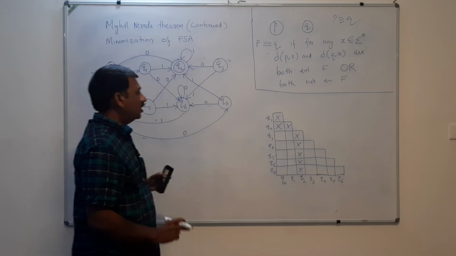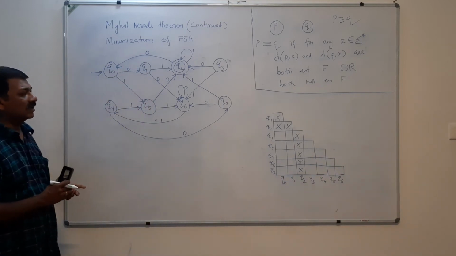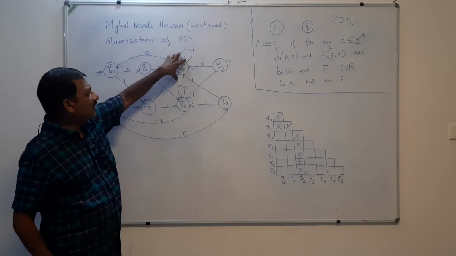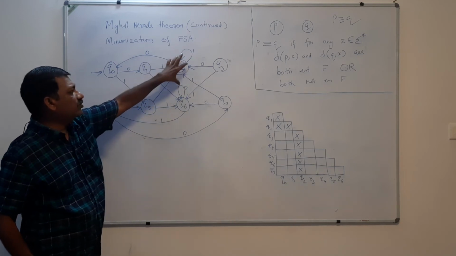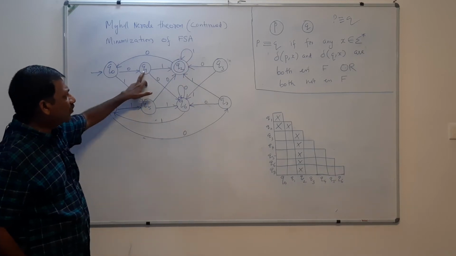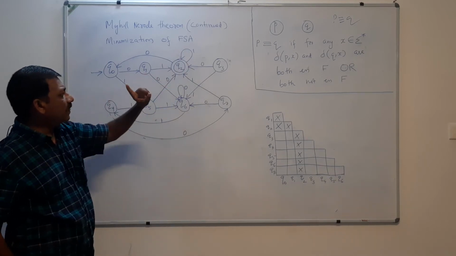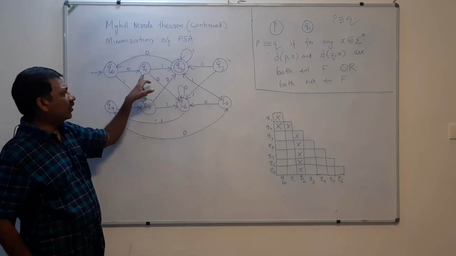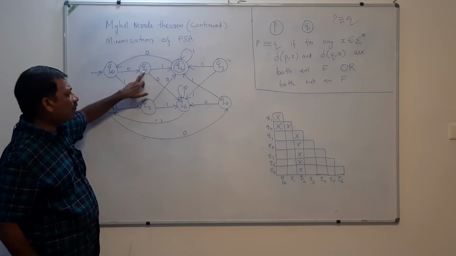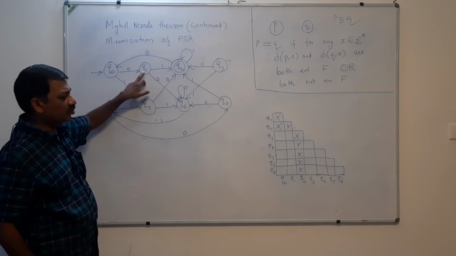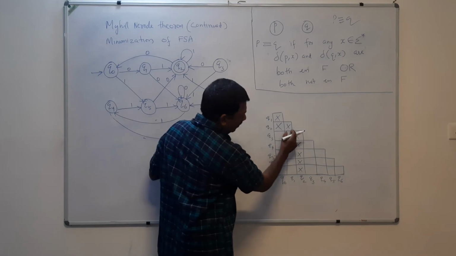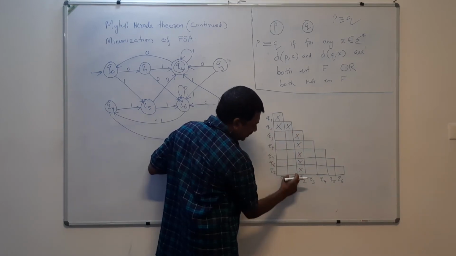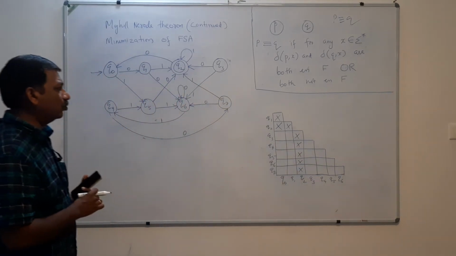An easy method is to fill up all the entries which are near to Q2, that means only a single edge is in between Q2 and Q1. So you have to fill up all the entries related to Q1. Now we have to fill this, and then this, which are related to Q1.